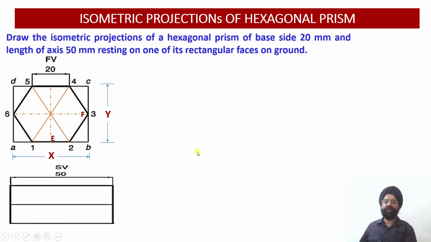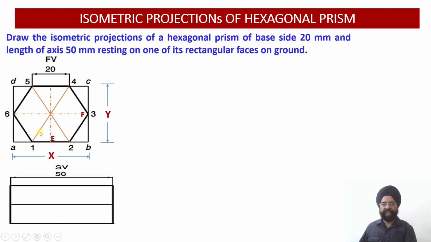Now let us start with the construction of this isometric projections of the hexagonal prism. Now as usual, step number 1, the geometric construction of this hexagon will be completed. So this is the geometric construction of this hexagon, and once we complete this, points 1 2 3 4 5 6 will be marked over there.